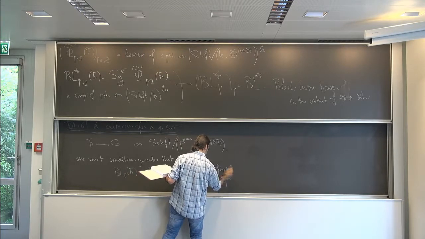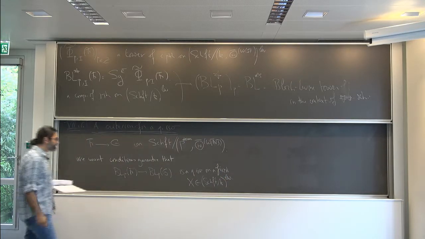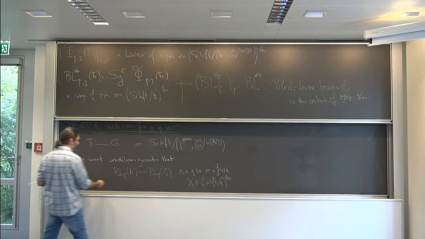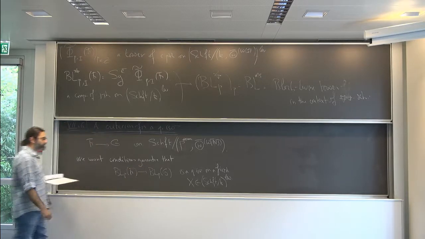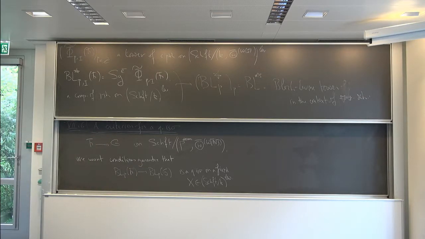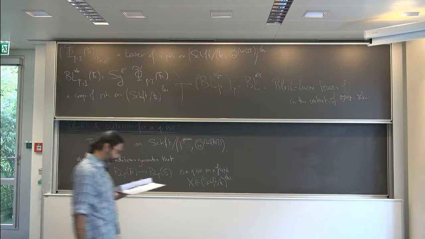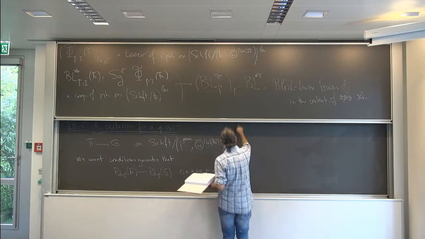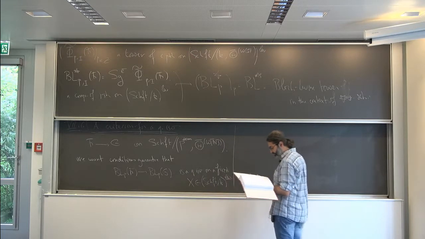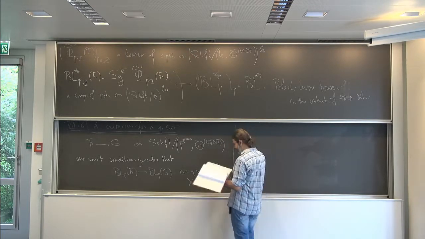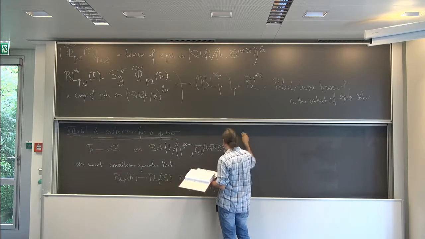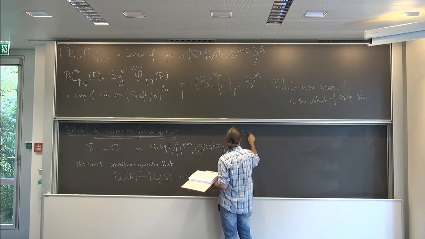Okay, so we fix a leveled scheme X, and we want to know when this map is a quasi-isomorphism at X. This is what we are looking for, we want a criterion for this. And so I start with some definitions, some easy definitions.